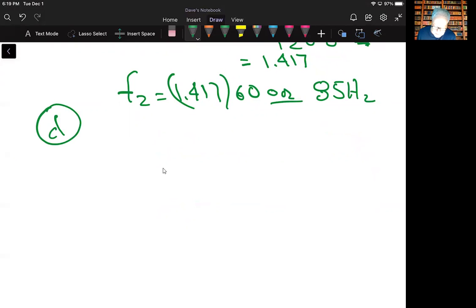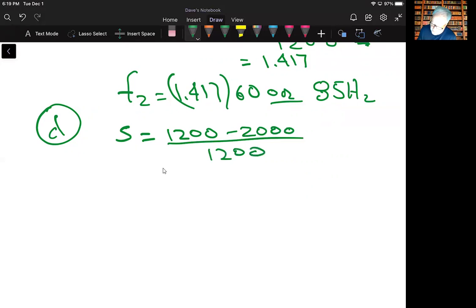And then the last one, it says D. It says the motor speed is 2000 in the same direction. Again, we don't need to calculate that; we already know that, right? So we're calculating slip. It's 1200. It's in the same direction as the rotor. The motor speed is positive, turning in the same direction. So it's 1200 minus 2000 divided by 1200, minus 800 over 1200.